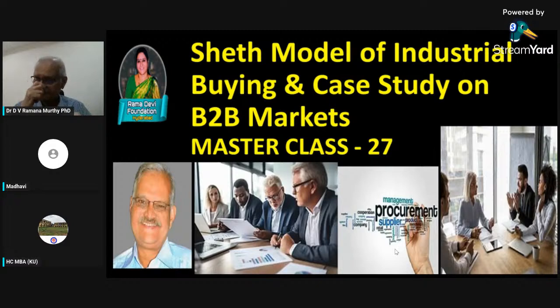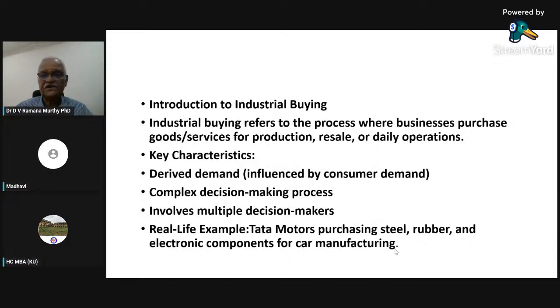But in industrial buying, we know that there are a lot of people who are supposed to look into that, and acceptance and decision makers are very many. So along with that, we were talking about industrial buying and other models, and this is the Sheth model.